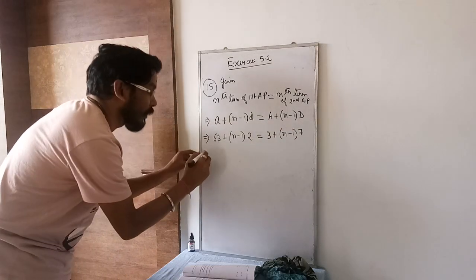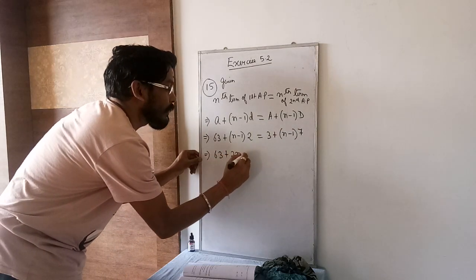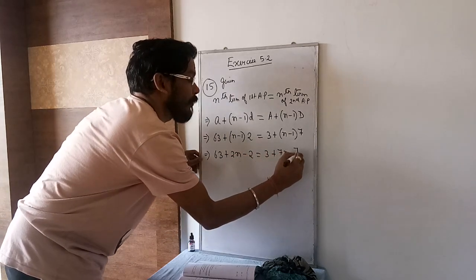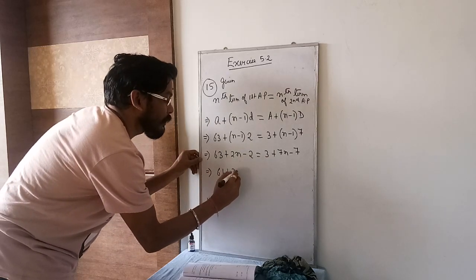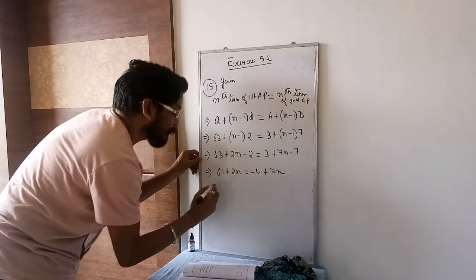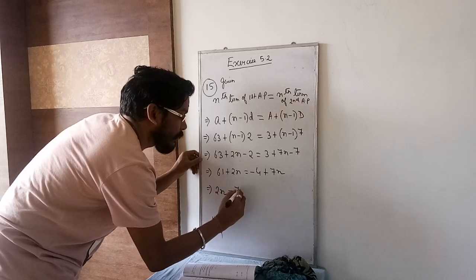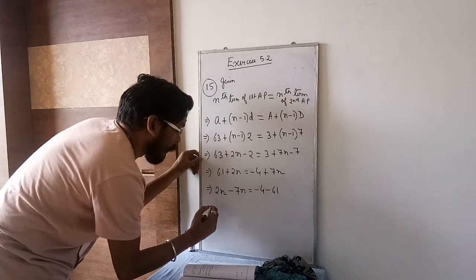So I will calculate here now. It is 63 plus 2n minus 2. Here it is 3 plus 7n minus 7. So here you got 61 plus 2n equals 7n minus 4. So 2n minus 7n equals minus 4 minus 61.